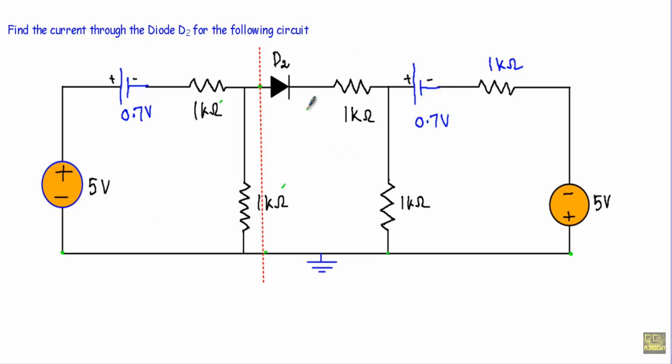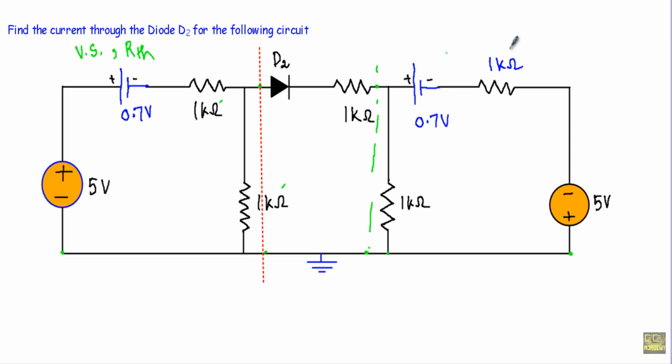See, our circuit will be more simplified if I convert the portion left to this shaded line into a voltage source in series with a resistor. That means I want to convert this left portion into a Thevenin equivalent circuit, and the portion in the right to this shaded region into a Thevenin equivalent circuit.